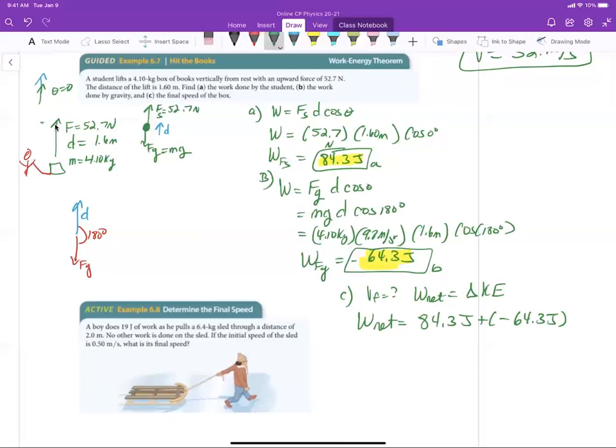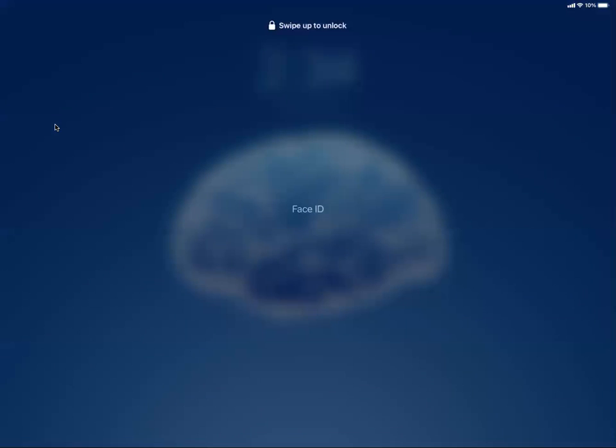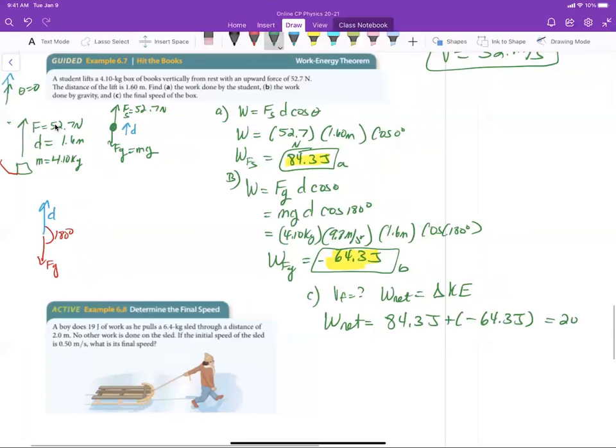We'll call it 20. Oops, I lost my page. Where'd it go? So the net work is 20 joules. Well, if 20 joules is the net work, that will equal its kinetic energy final minus kinetic energy initial.